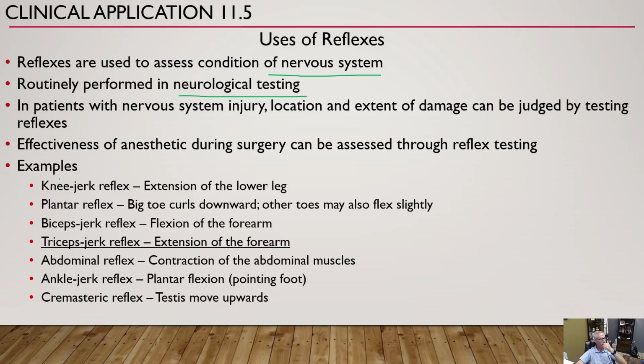We have several different types. Your knee jerk reflex is the one that I mentioned, where you extend your lower leg when they tap right underneath your patella. Your plantar jerk, your plantar reflex. The one you have to memorize is the tricep jerk reflex. They're going to hit right here, right above your elbow, and your forearm is going to extend.